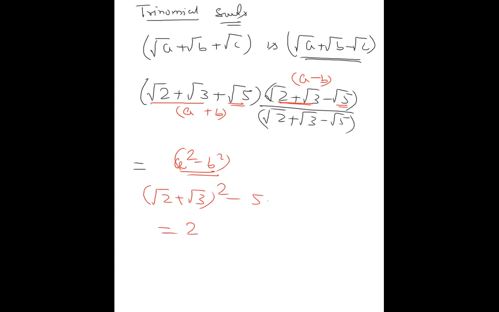So this is 2 plus 3 plus 2 root 6 minus 5. 5 cancel out, this is 2 root 6, right? And जो division में था वैसा ही रहेगा, तो this is root 2 plus root 3 minus root 5.